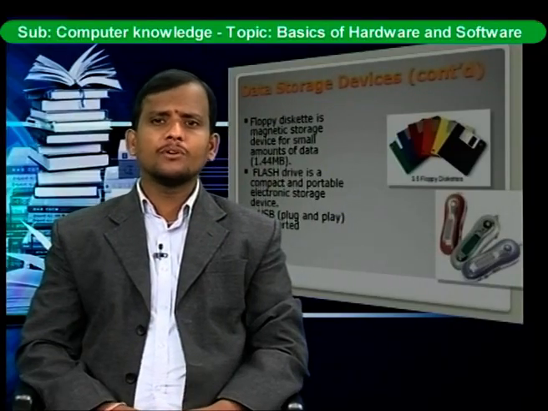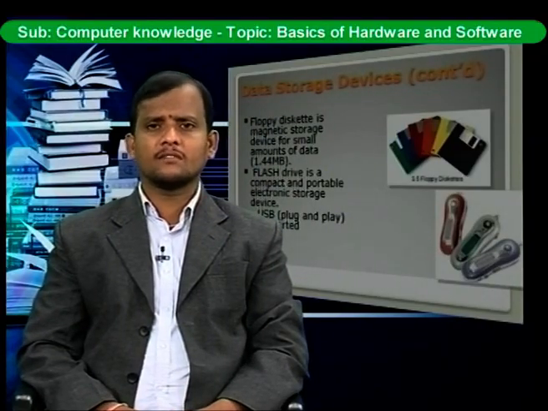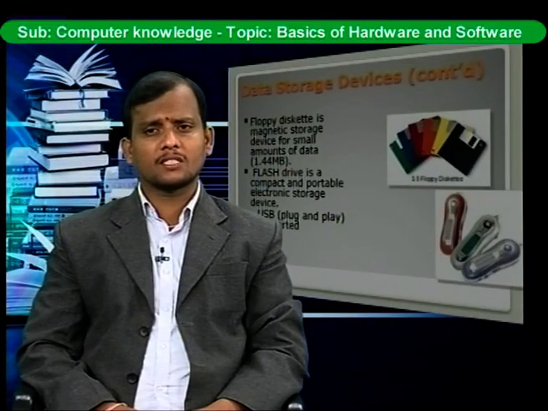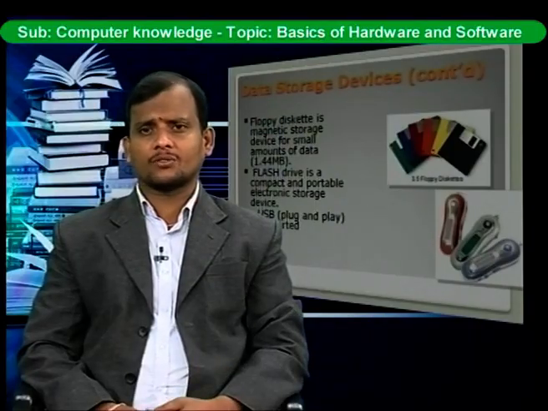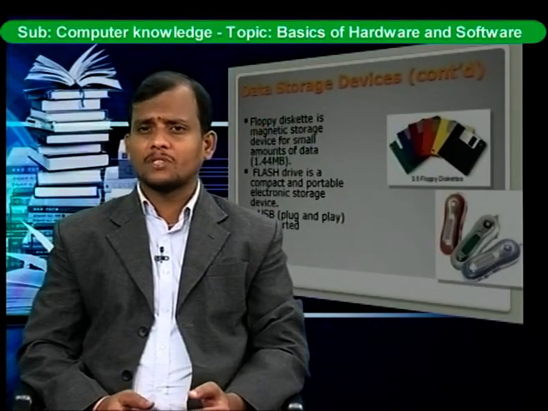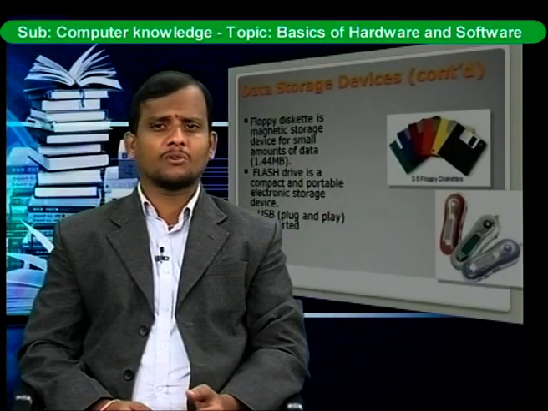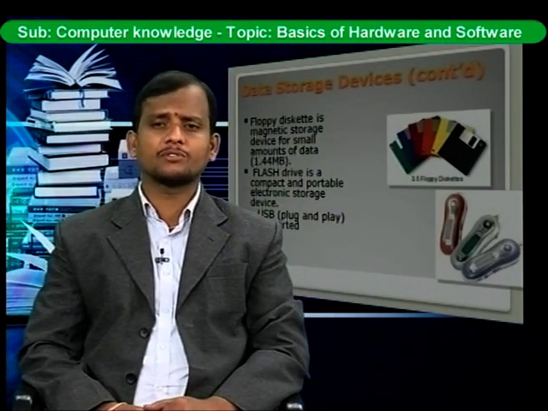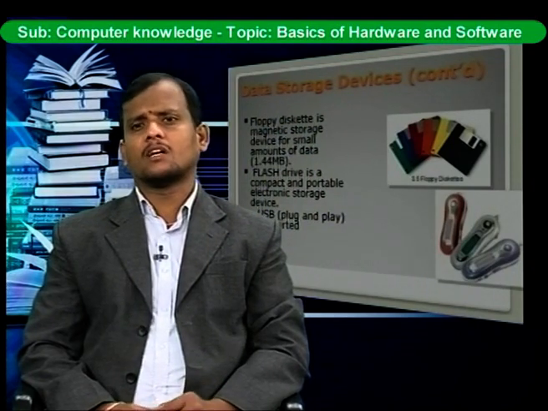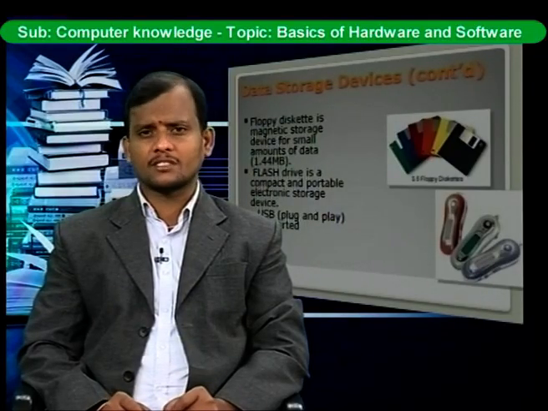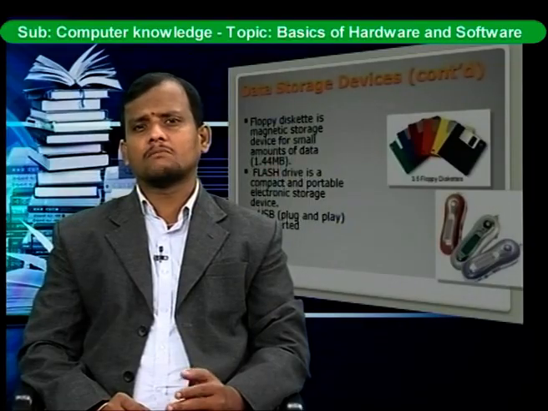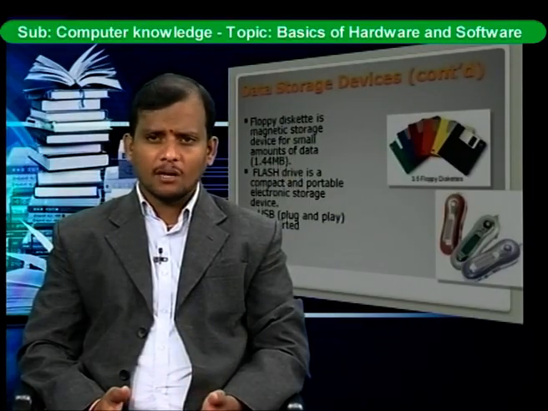These are a few data storage devices. The devices which we use to store data are called data storage devices. A few of them are floppy disks. Nowadays you can't see floppy disks, but initially we used to have them. Very little data can be stored on a floppy disk, about 1.44 MB.